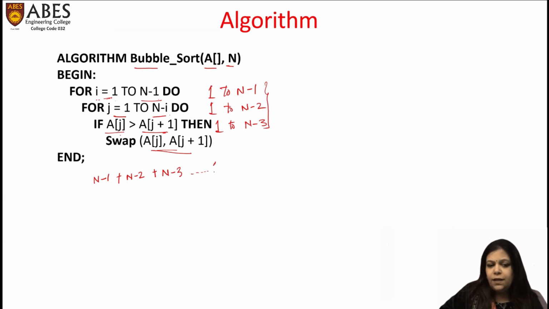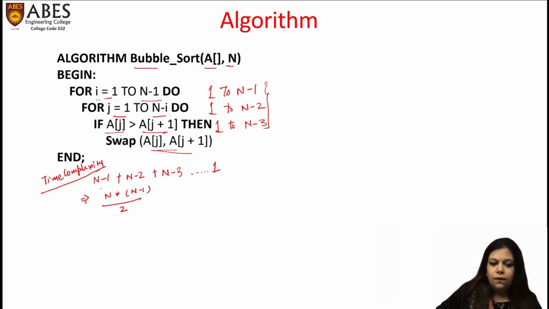In the last iteration, there was only one comparison. To derive the time complexity, if we add all these comparisons, we get n into n minus 1 by 2.